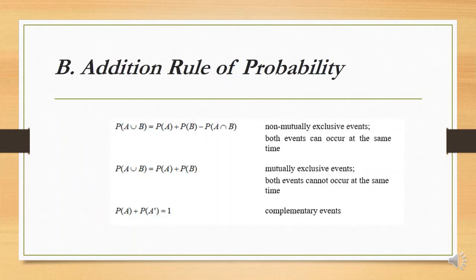Let's move now to the second type of probability. Actually, it's a second rule of probability. Okay? For starting B, we are going to discuss about 2 or more events. Remember, the addition rule is for 2 or more events. Okay?